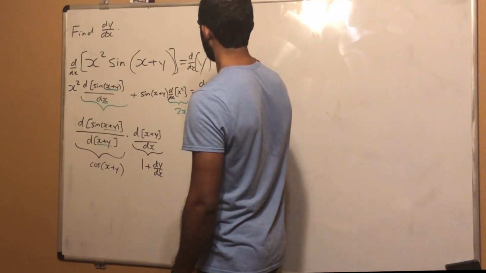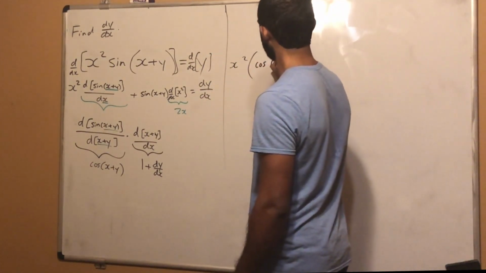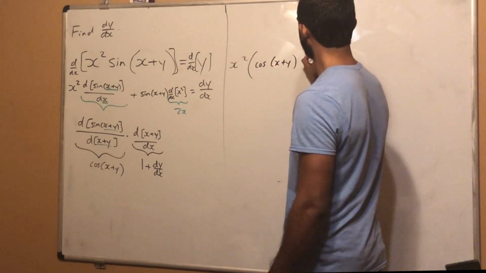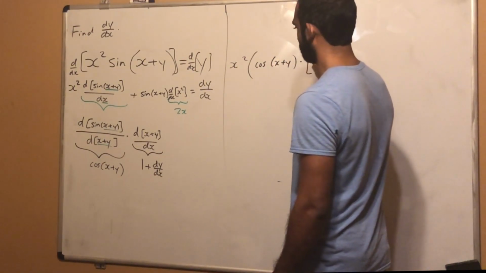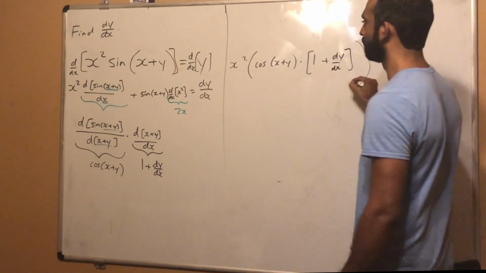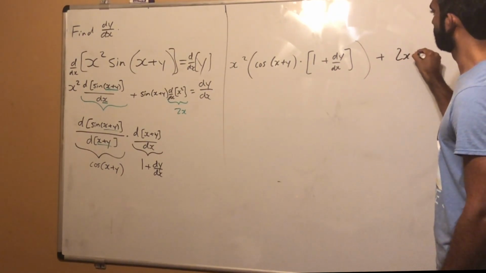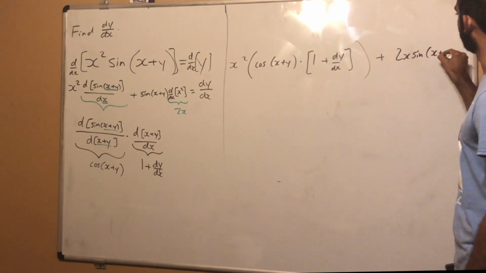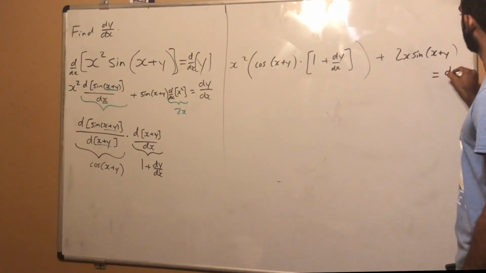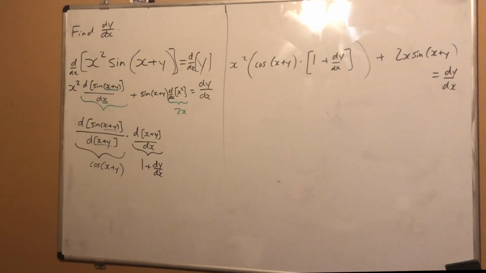I got x squared all times cosine of that stuff times 1 plus dy over dx plus 2x sine of x plus y. That equals dy over dx. We all good? Yeah. Okay, what should I do next?